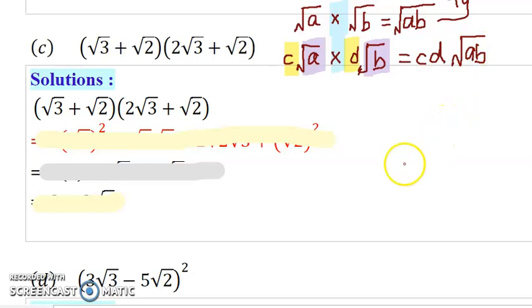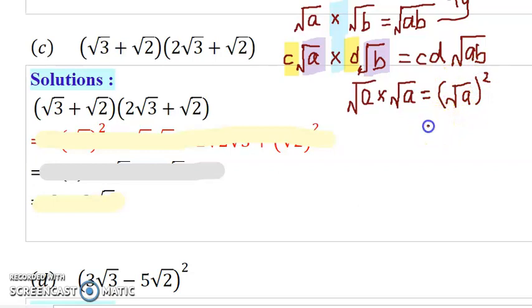One more thing to note is when you multiply the same surd, let's say the simple one, square root of A multiplied by square root of A. This gives square root of A squared, and therefore the result is just A itself.